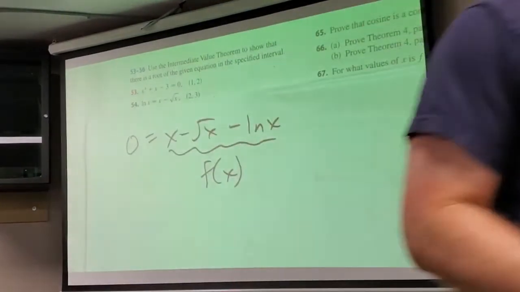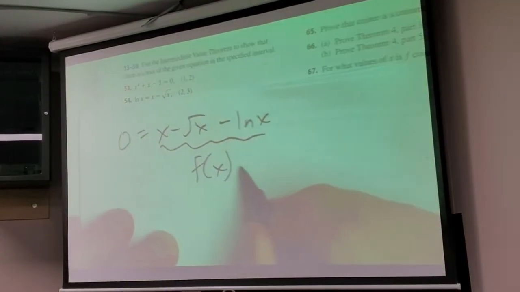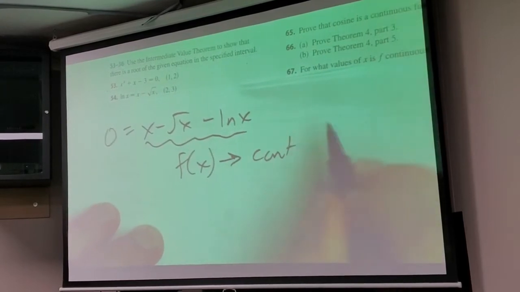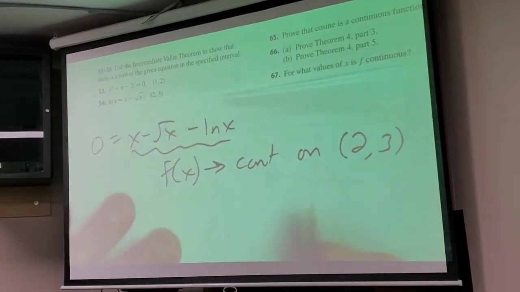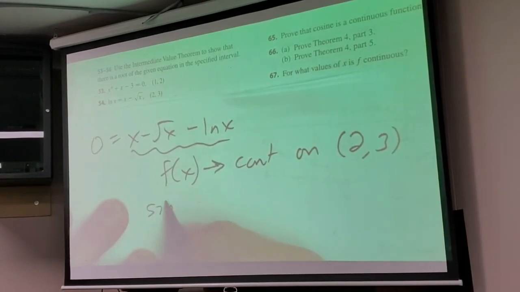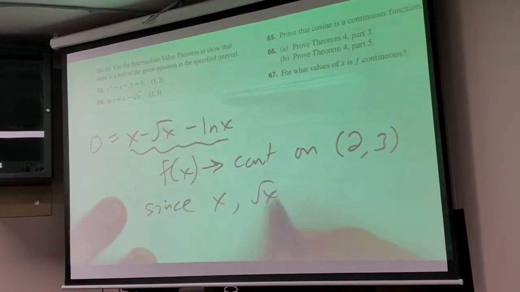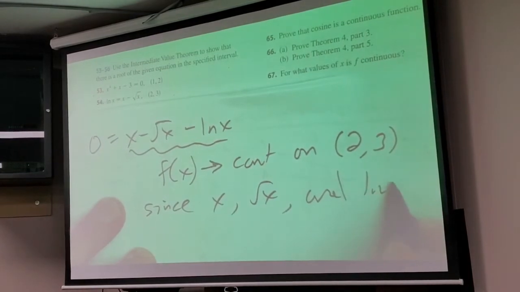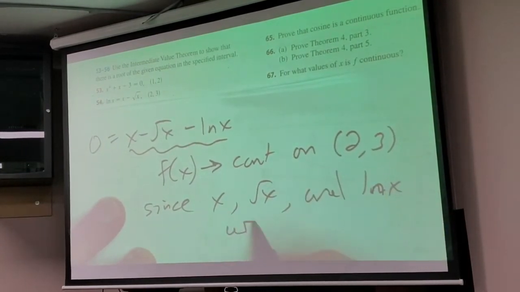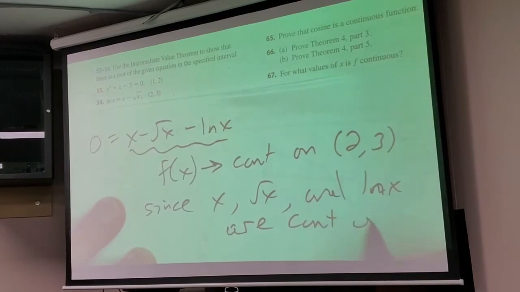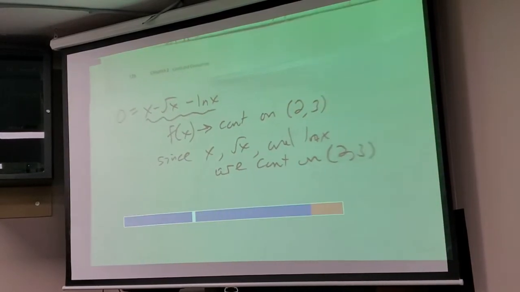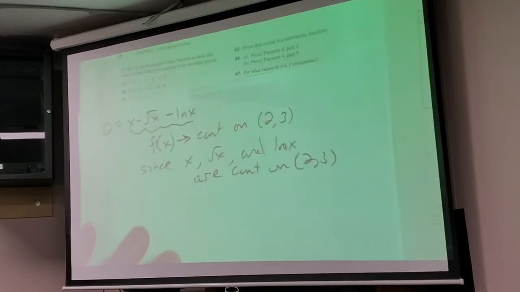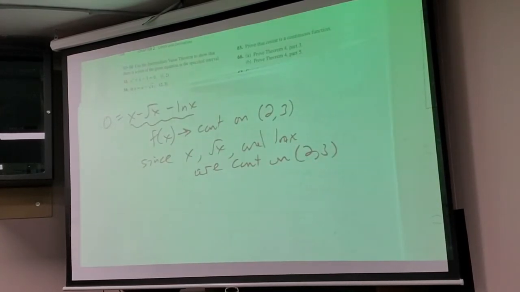So we can say that f of x is continuous on 2, 3, since x, square root of x, and ln of x are continuous on 2, 3. Sweet. Let's zoom out a little bit. So then the intermediate value theorem will work.